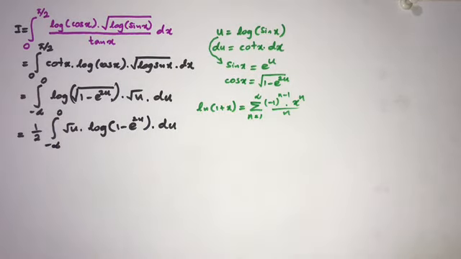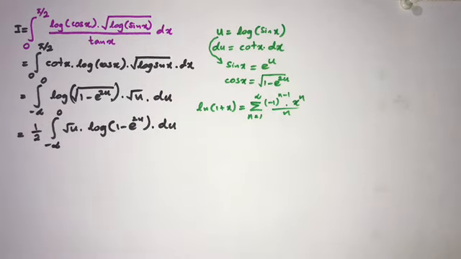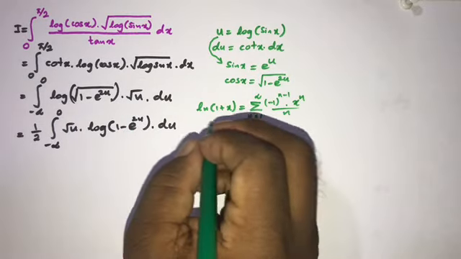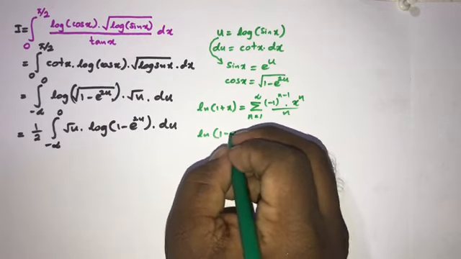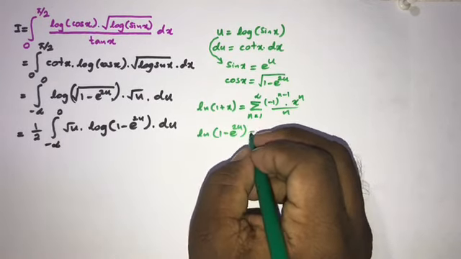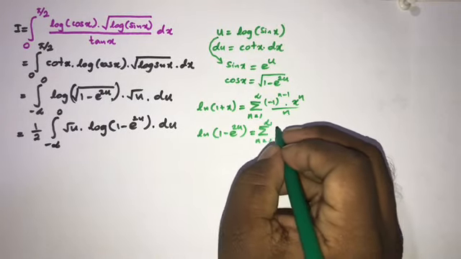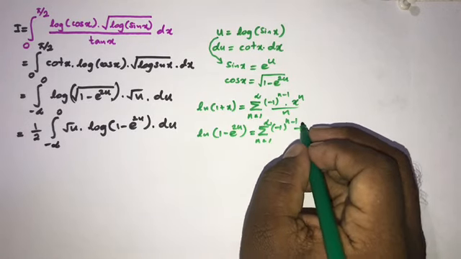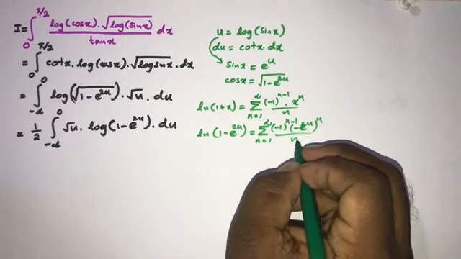Okay, now we should find natural log of 1 minus e to the 2u, so instead of x we plug in minus e to the 2u, so natural log of 1 minus e to the 2u is equal to the infinite sum from 1 to infinity of minus 1 to the n minus 1, times minus e to the 2u to the n, over n.